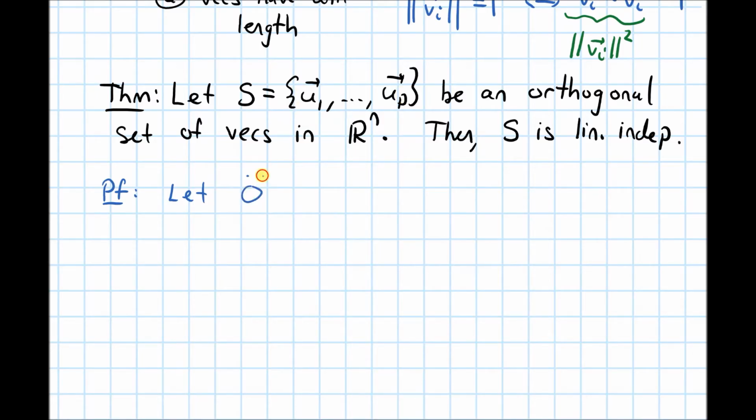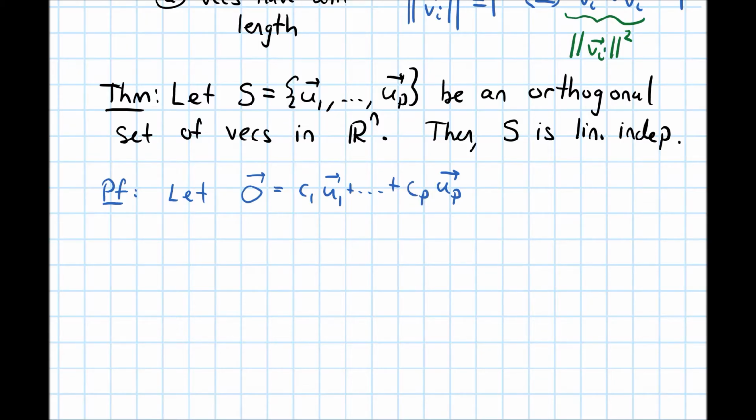So let's let 0 equal some linear combination of these vectors: c1 u1 plus dot dot dot plus cp up.